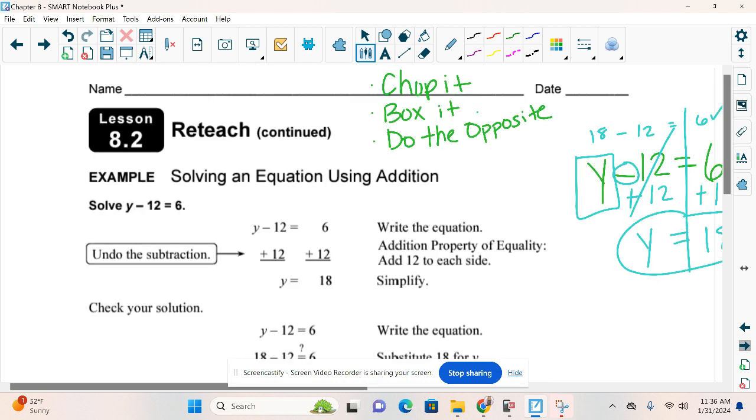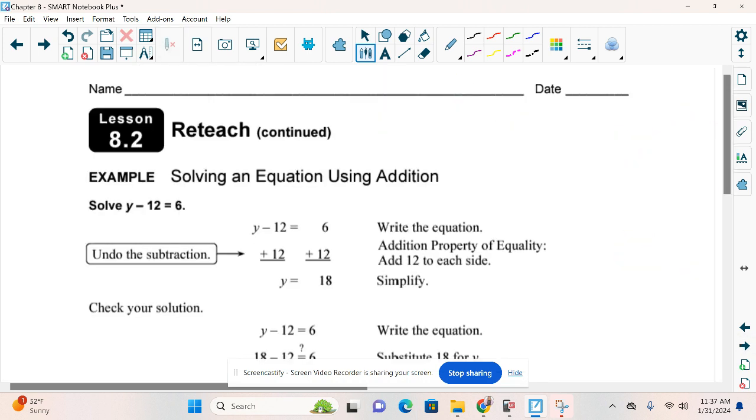I want you to go ahead and turn the page and look at the examples on the back. Okay, we are going to begin solving equations that have addition and subtraction problems. So we follow 3 steps, and I want you to write these 3 steps down on your notes, okay? Your first step is going to be to chop it.